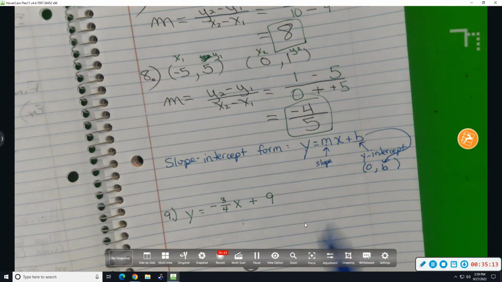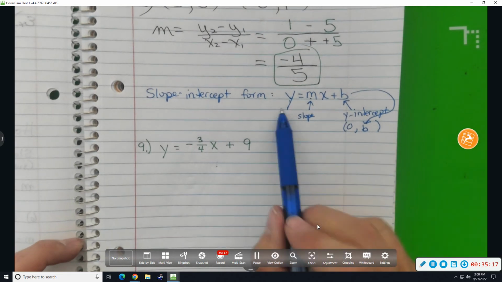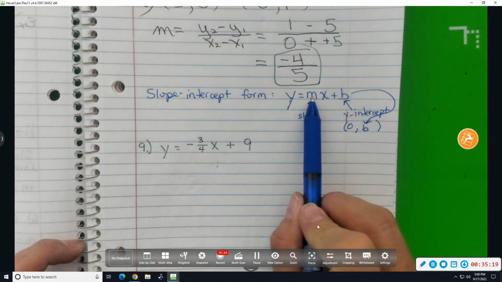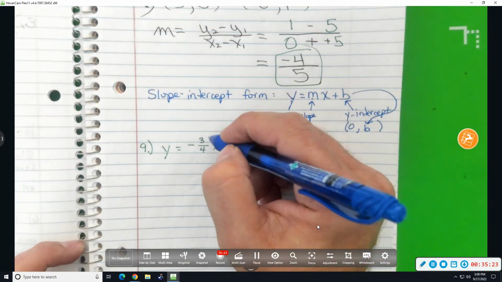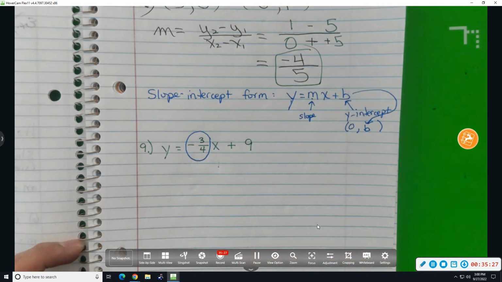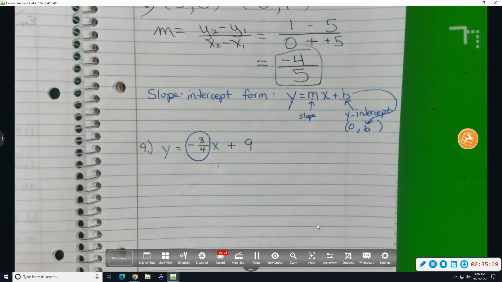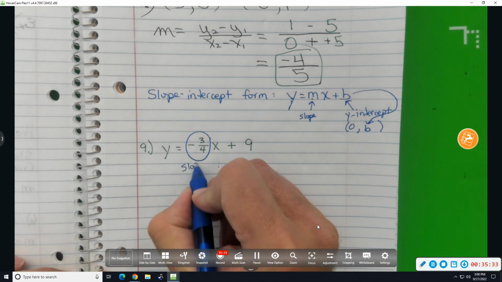Well, if the y is by itself, the slope is that coefficient attached in front of x. So on this one, the slope is -4. No, it isn't. Excuse me, -3/4. There's the slope.